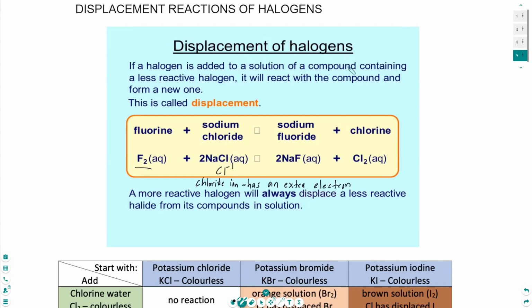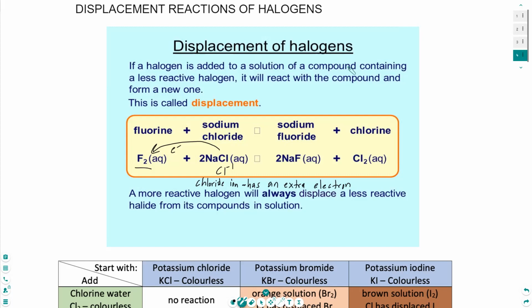Now fluorine, because fluorine is higher up in the group, higher than chlorine, and has a stronger oxidizing power than chlorine, is able to take the electron away from that chloride ion and take it for itself. So fluorine can take the electron away from chloride, which is a less reactive halogen.